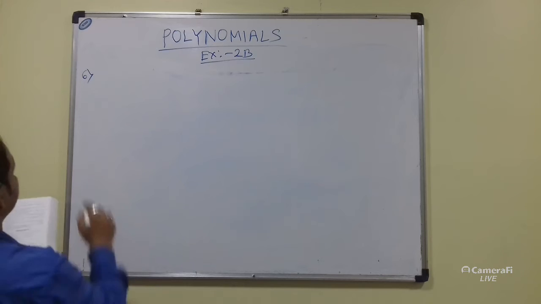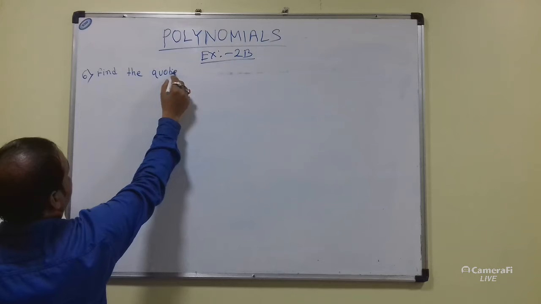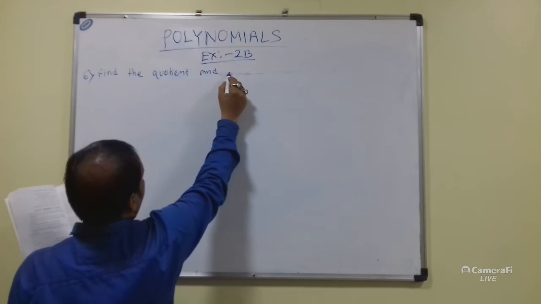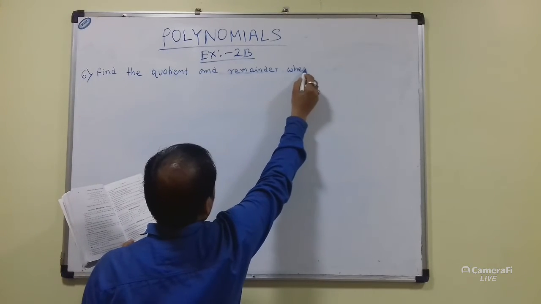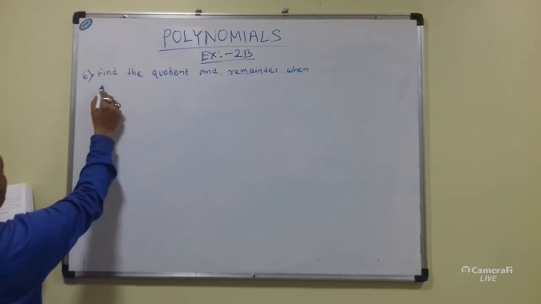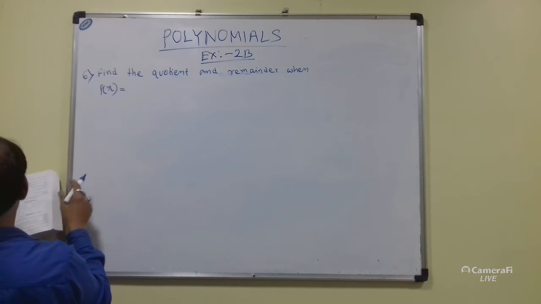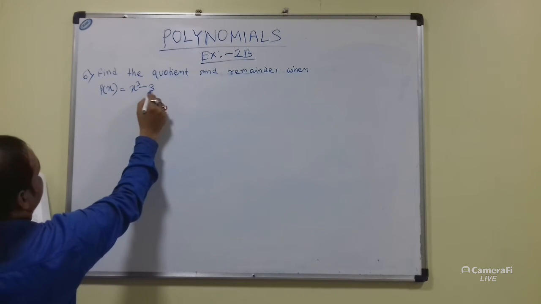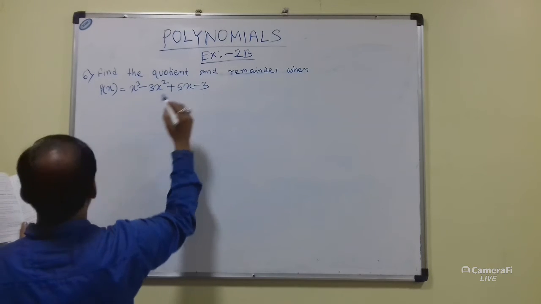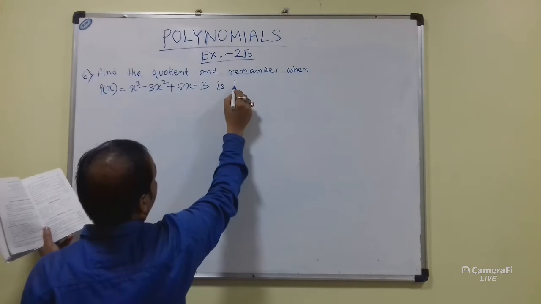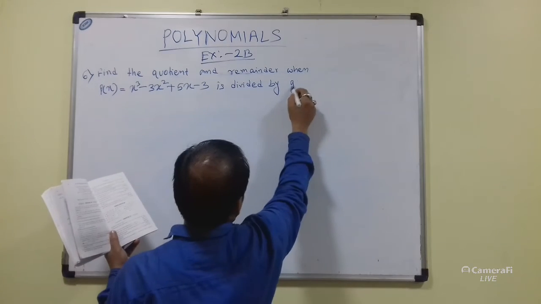Find the quotient and remainder when f of x equals x cube minus 3x square plus 5x minus 3 is divided by g of x.